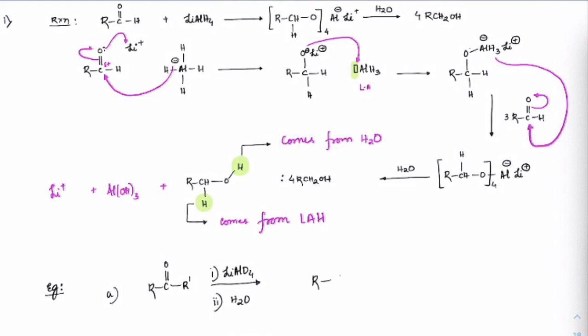So we can see that we have C, O, H, D and R dash, because the carbon connected hydrogen will always come from lithium aluminum hydride, and this hydrogen comes from hydrolysis.